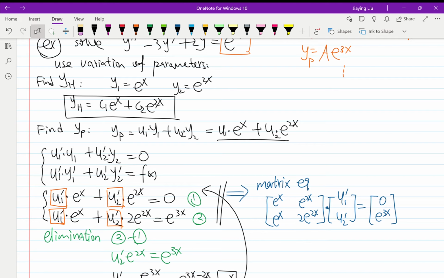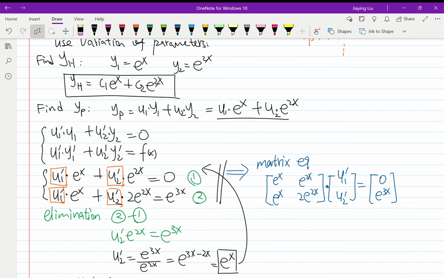So that's how you take a system of equations and convert it into a matrix equation. If you have more equations, you just increase the size, or if you have more variables, increase the size of each matrix. Usually we call this A. It doesn't have to be A, just some coefficient matrix.